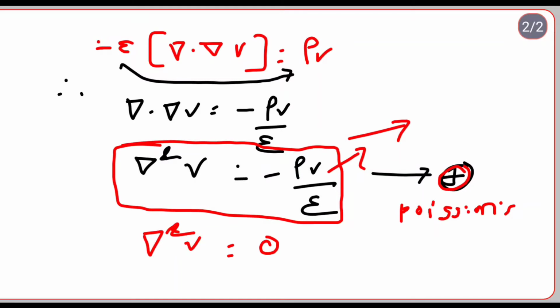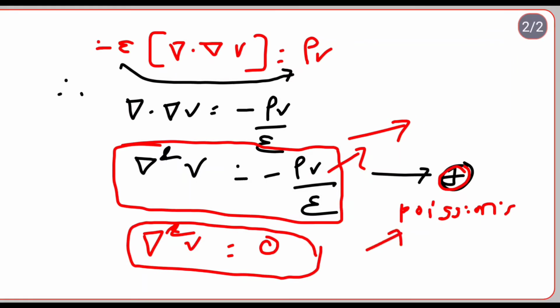This special case of Poisson's equation is called Laplace's equation.